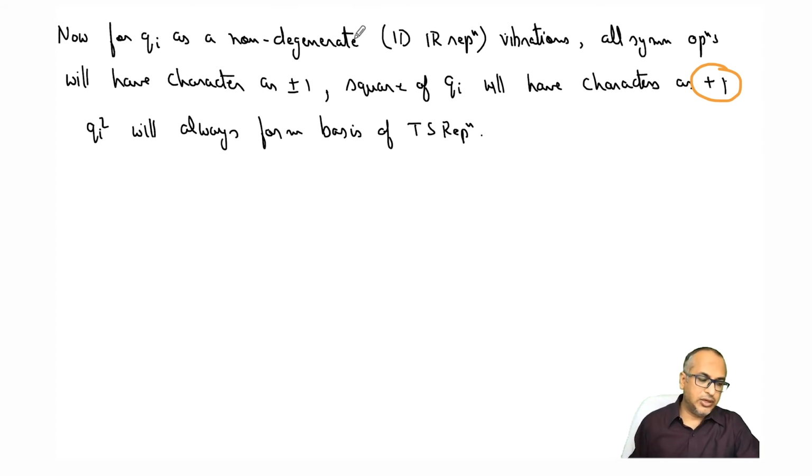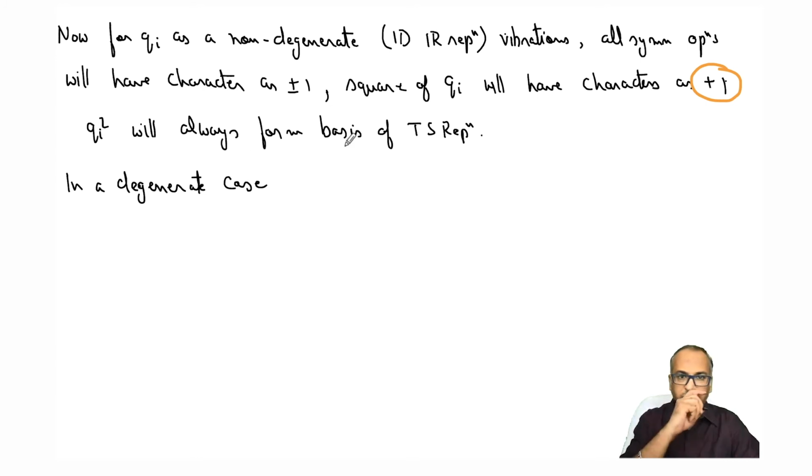Now let us look for a degenerate case. In a degenerate case, we will also discuss examples, so do not worry if you're not able to follow it. We'll see examples and then it will be very clear.